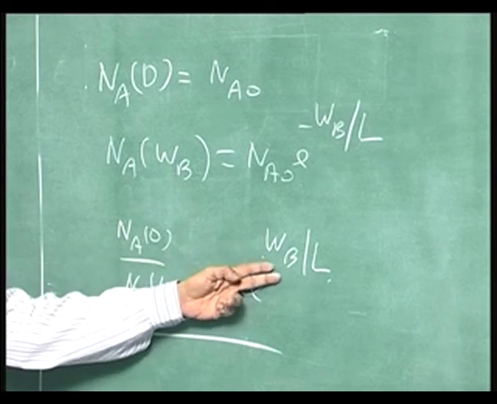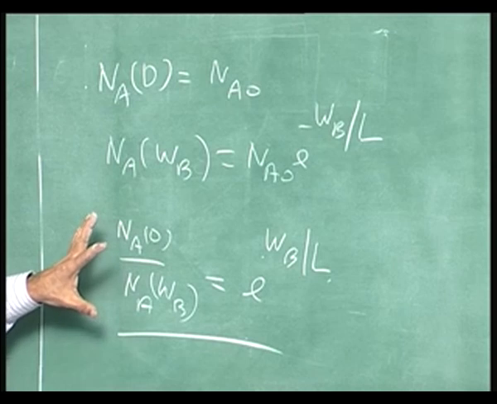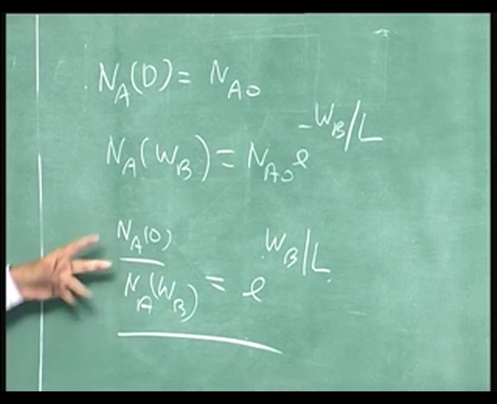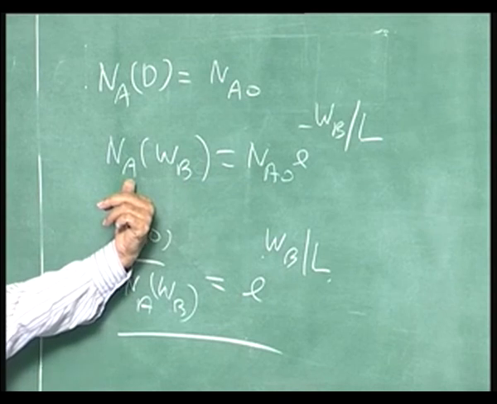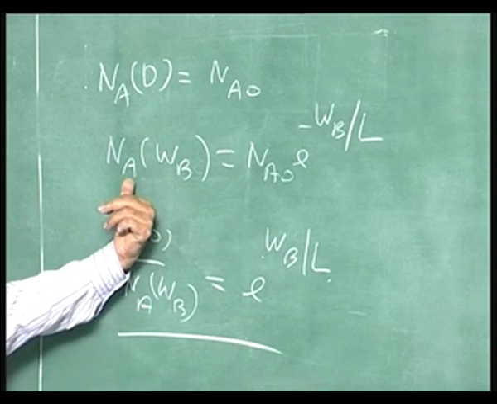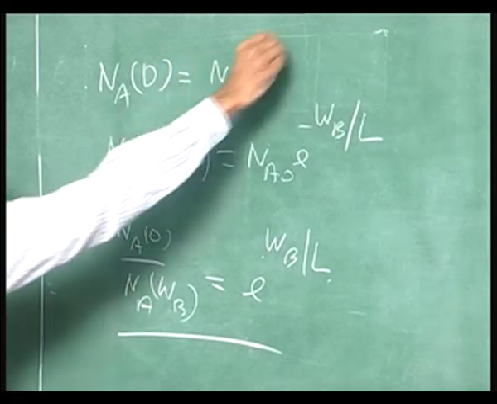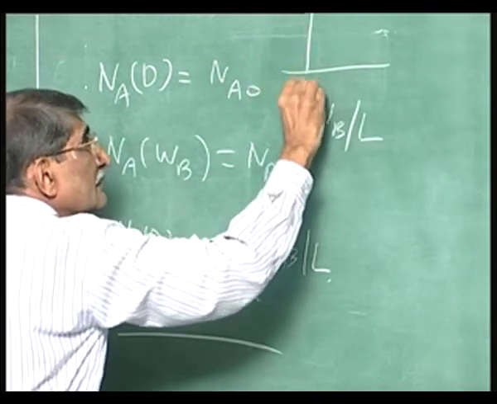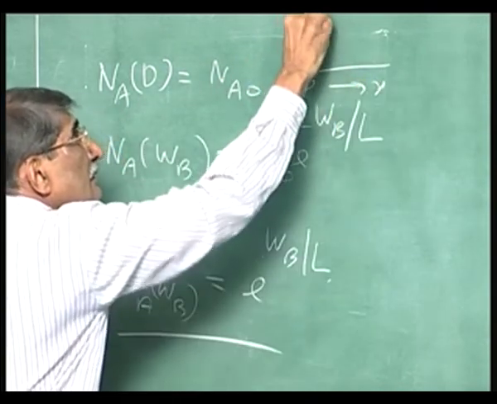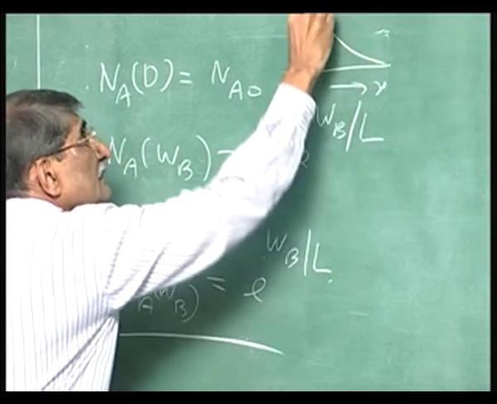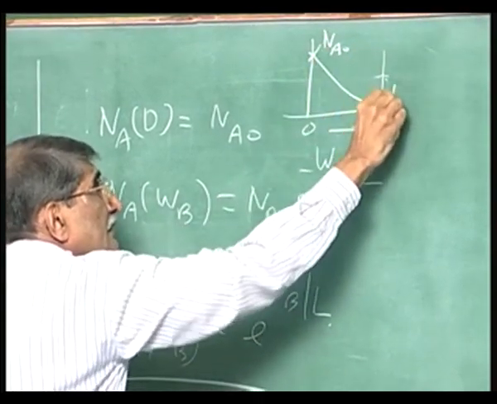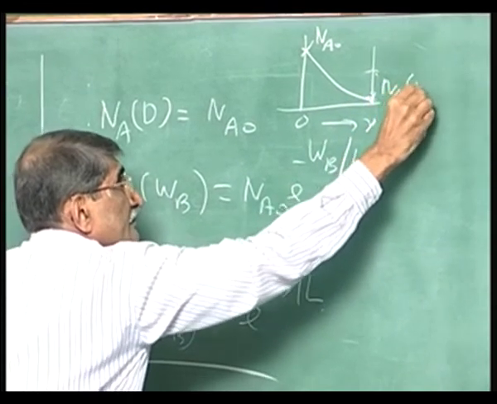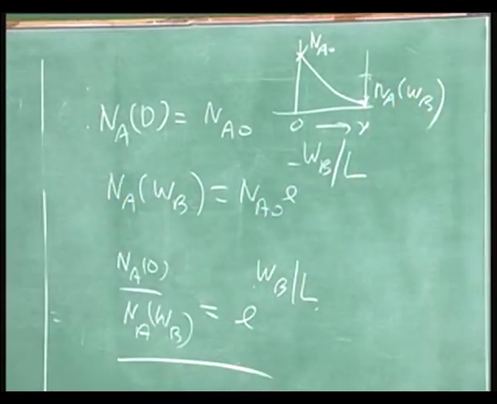You will get the benefit of this only if the doping here is smaller compared to the doping there, the gradation. When you have the doping concentration like this, Na0 and x, some variation like that, Na0 and that is NaWb. That is what you are talking of.